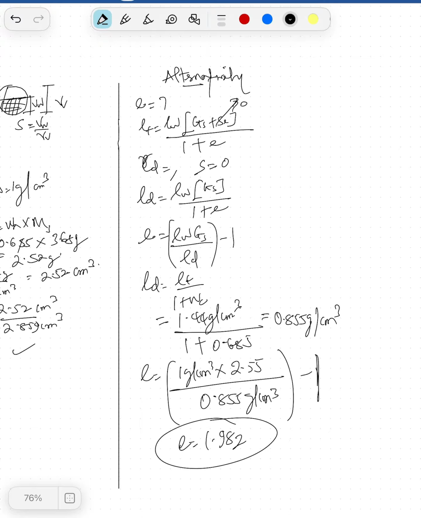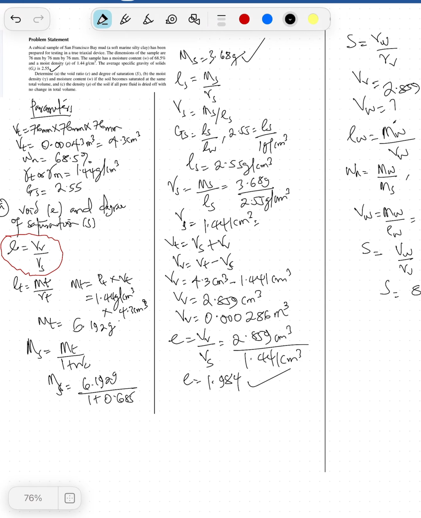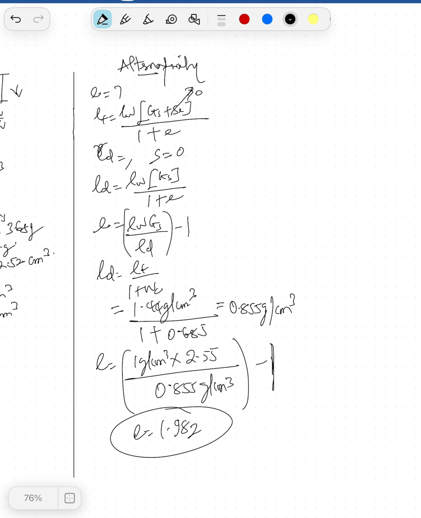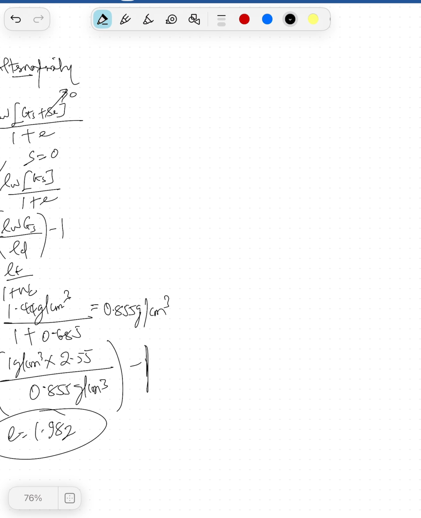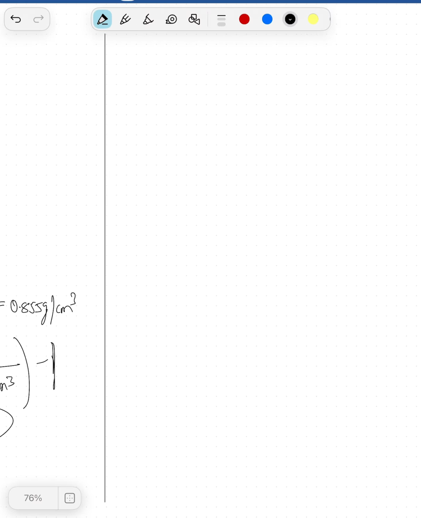So if you check this compared to this, same answer, so they should give the same result. So let's proceed with our degree of saturation, S. Using this equation, S equals w Gs over e.